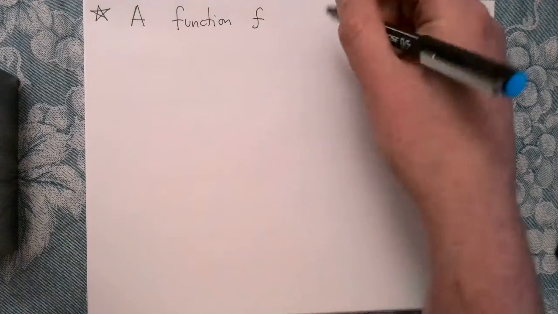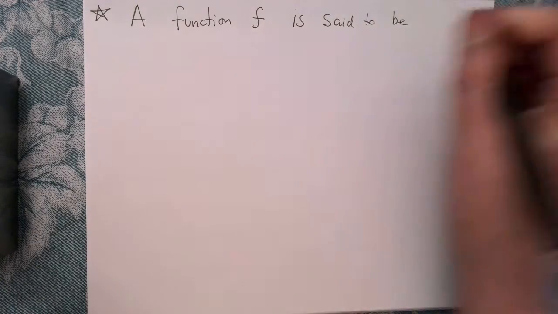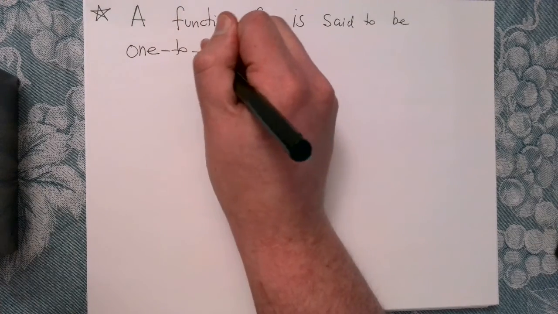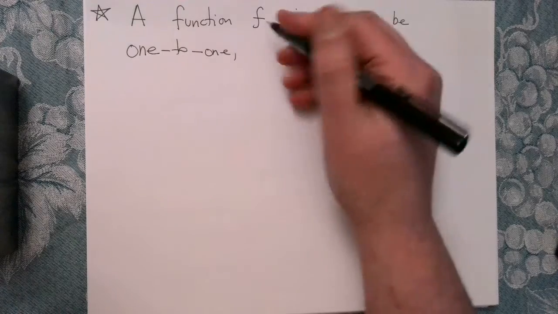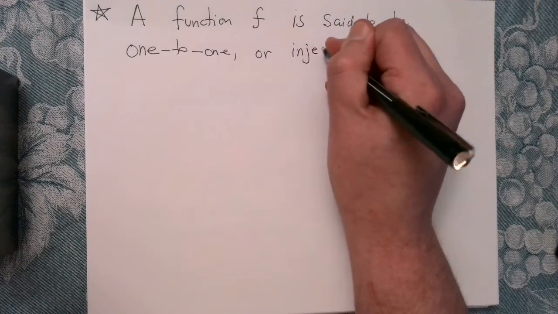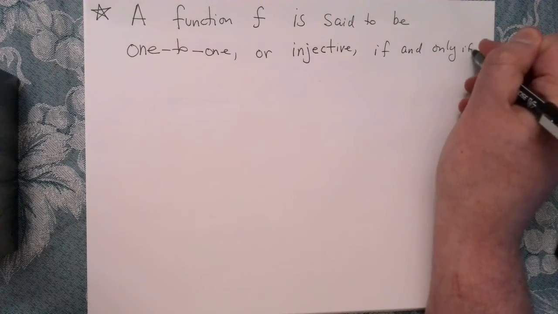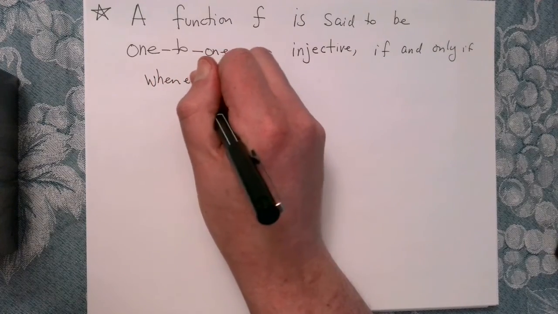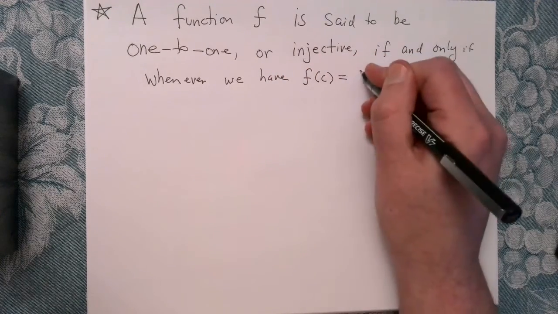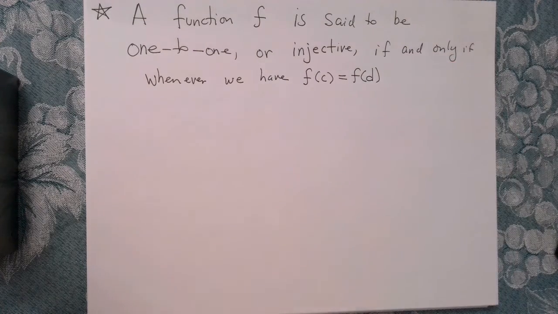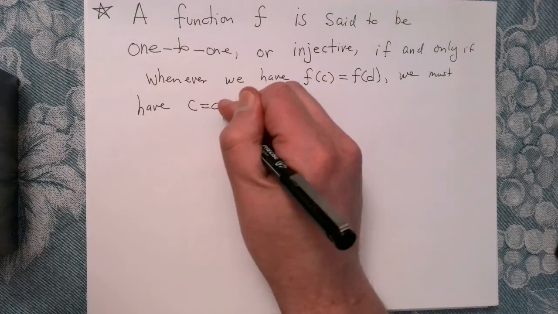So I'm going to say a function f is said to be one-to-one, or a synonym for one-to-one is injective, if and only if whenever we have this equality of outputs, we must have equality of inputs.